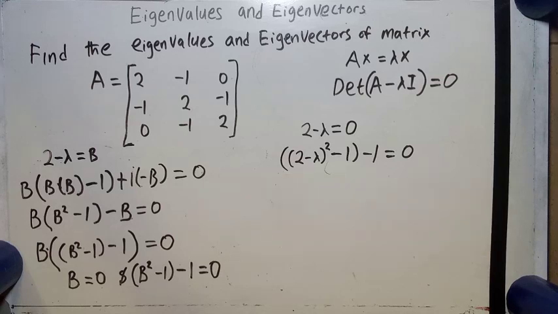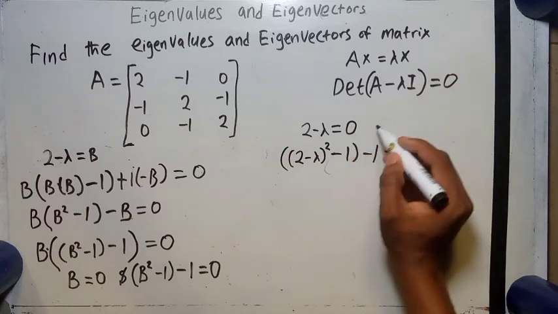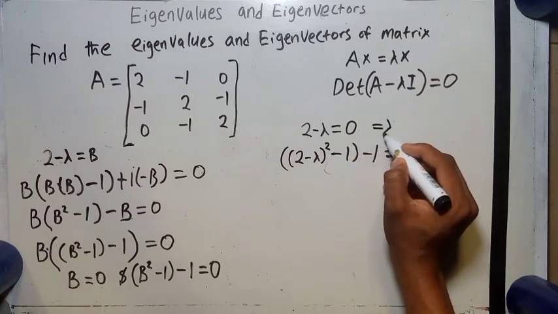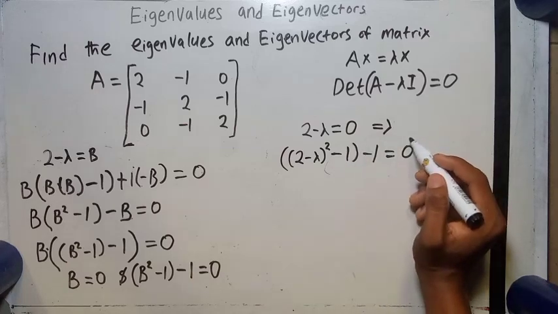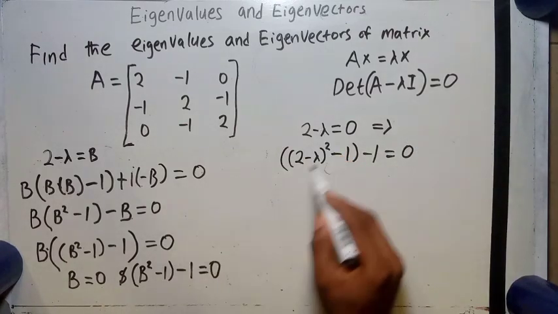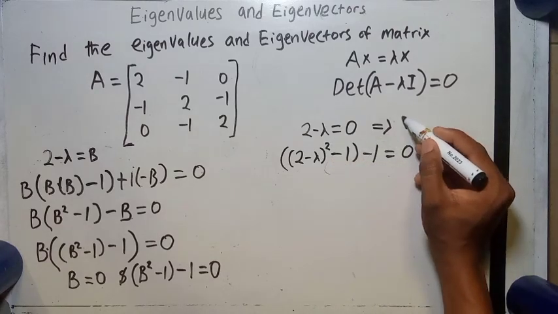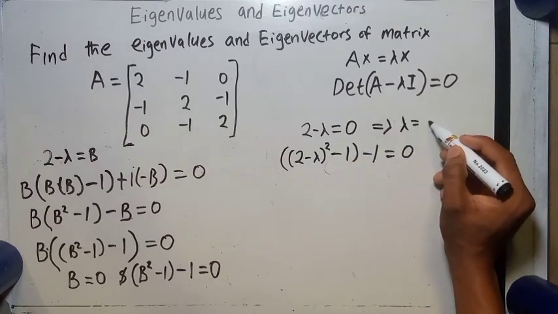Okay, now from this first one we can say that, remember, this one is from this one, this one is from this one. From this place we can say that our lambda is equal to 2.